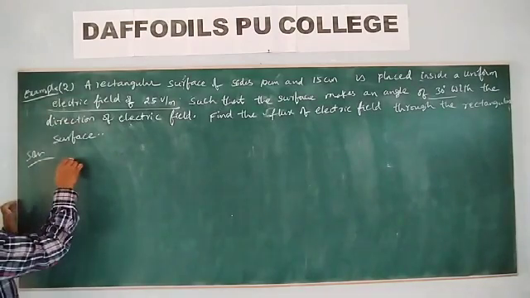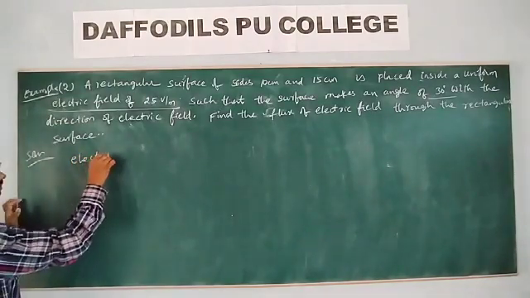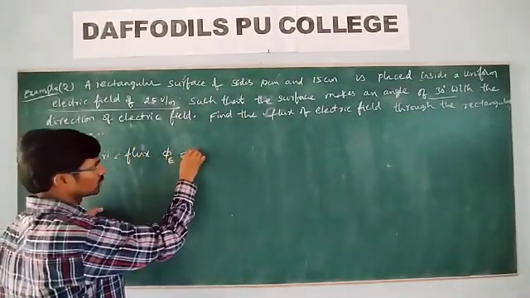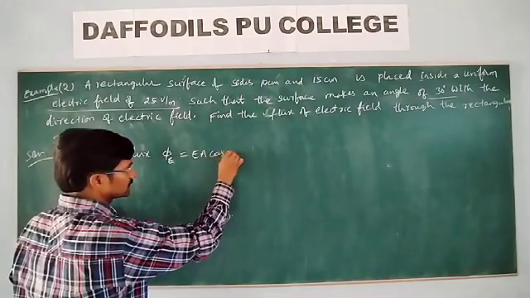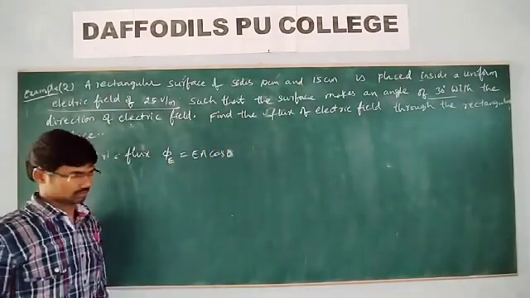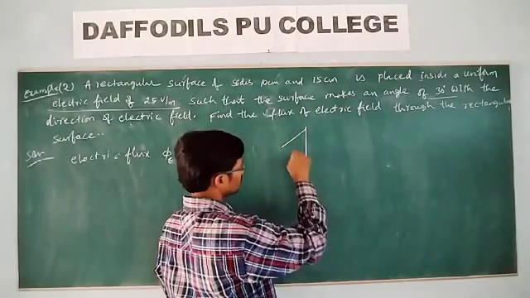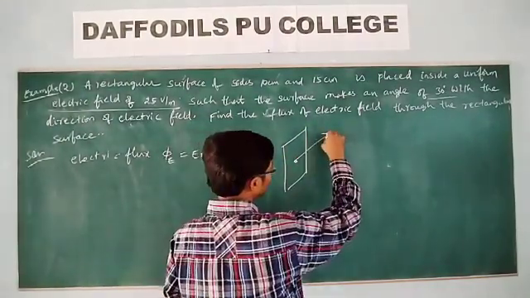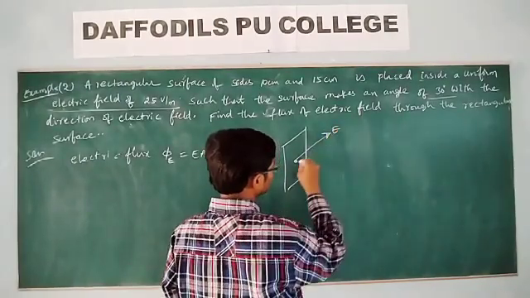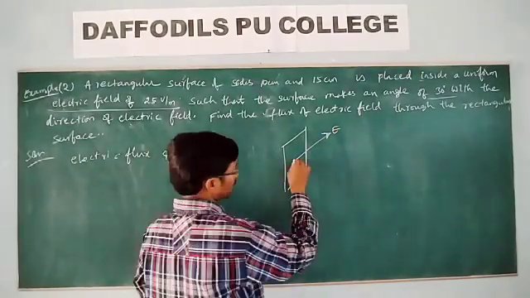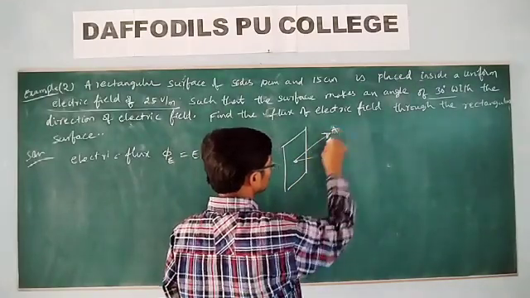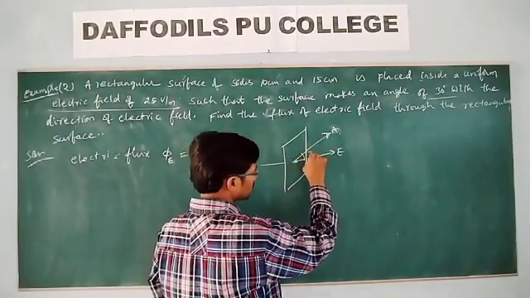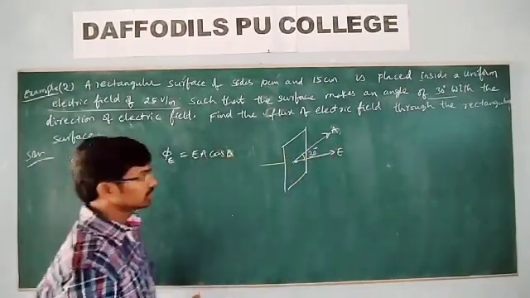Tell me, what is the electric flux formula? Electric flux phi E is equal to E A cos theta. Now, here they have given a uniform electric field E, and the angle, which is 30 degrees, and the sides.